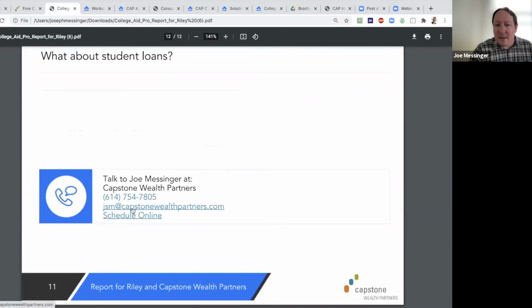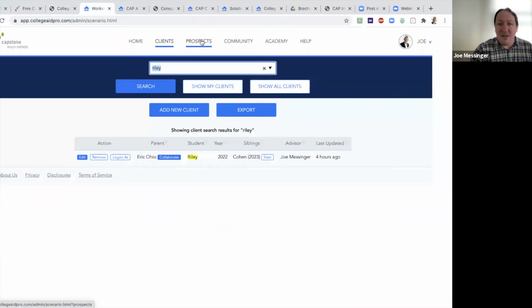So for me, we want them to schedule a call. What that does in our system at College Aid Pro is it begins the prospecting tool. So this family now comes into a prospect tab for me. And in our system, when we talk about an airtight funnel, we use integrations to systematize everything. An email goes out, they schedule through Calendly.